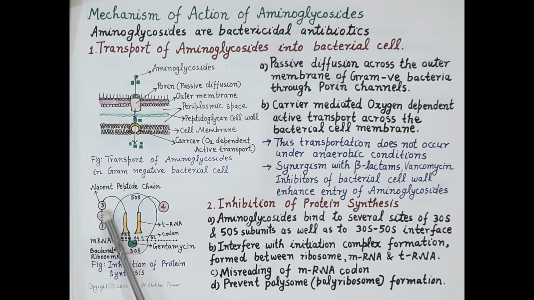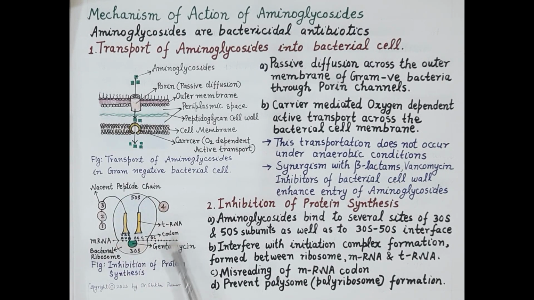Now, this nascent peptide chain elongates by the addition of more and more amino acids, and finally the required bacterial protein is synthesized. For the synthesis of bacterial protein, formation of the initiation complex is very essential. Initiation complex is a complex between 50S ribosomal subunit, 30S ribosomal subunit, messenger RNA and transfer RNA.